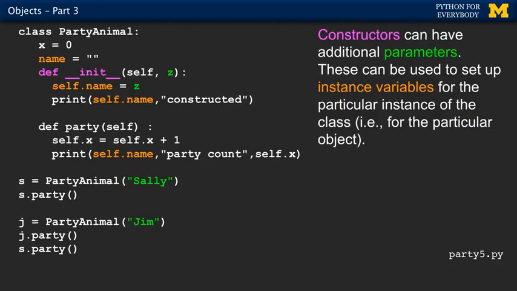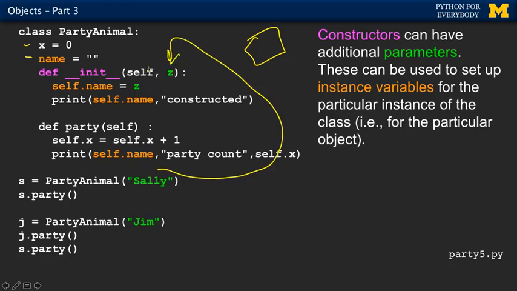And so here we have our party animal. It's going to be pretty much the same as what we've been doing. We have a variable x, we have an internal variable named name, and again, this is on the inside. We aren't worried about this out here in the main program, but they're defining for themselves a structure. And we're going to have a constructor parameter.